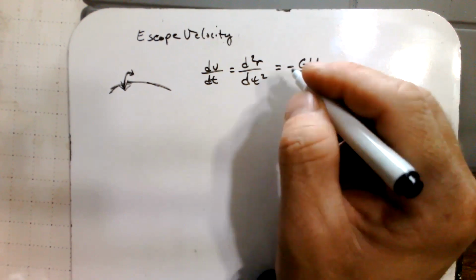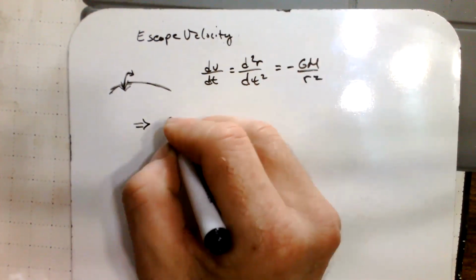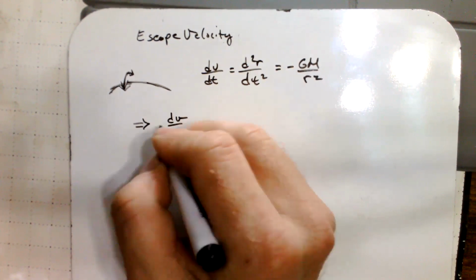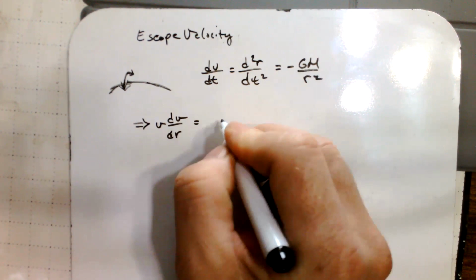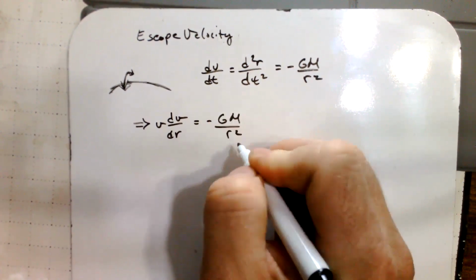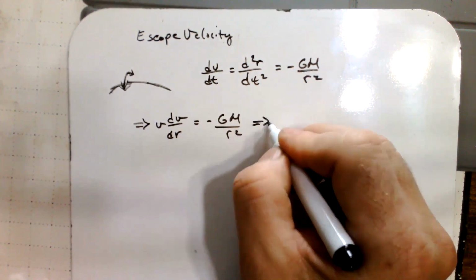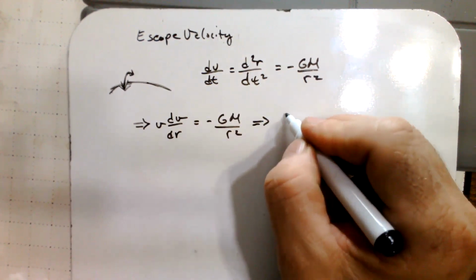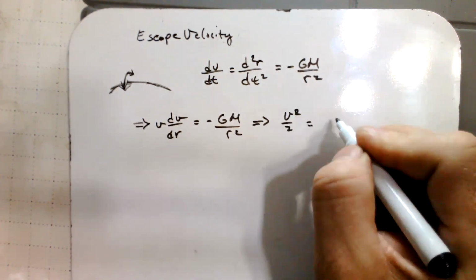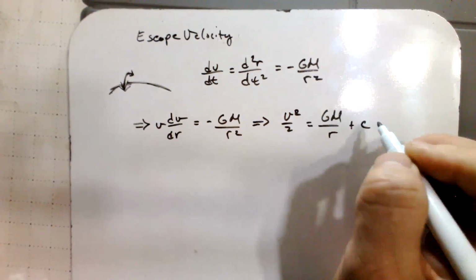And like before, we can pull that, this implies that dv/dr times the velocity is equal to negative GM over r squared. So nothing new here. And if we integrate both sides, just like we did before, we're going to get v squared over 2 is equal to GM over r plus a constant.